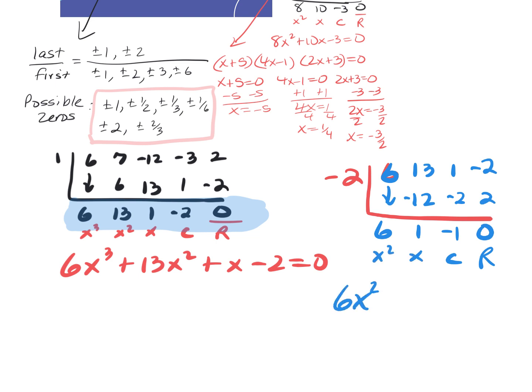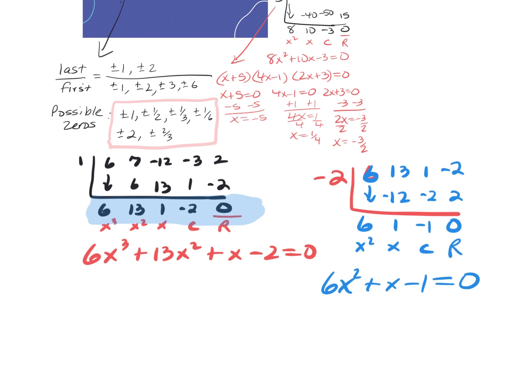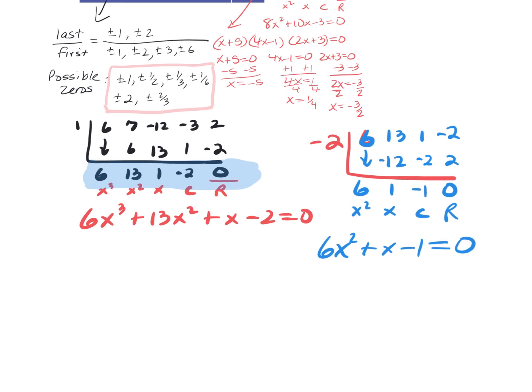So 6x squared plus x minus 1 equals 0. Now it's quadratic. I can either see if this can now be factored. If it can't, then I'll use quadratic formula. However, this is a factorable trinomial. It will factor into 3x minus 1 and 2x plus 1.